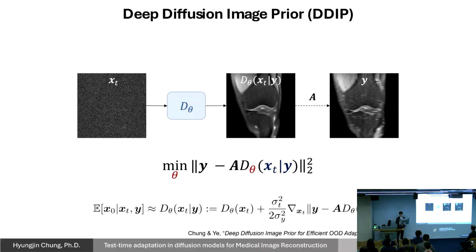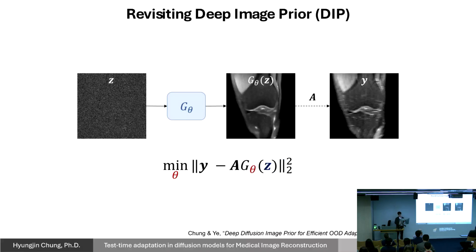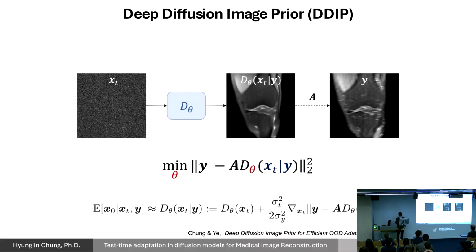Now we attempted to extend this to deep diffusion image prior, where we have a diffusion model pre-trained on out-of-distribution samples, but we adapt it with this loss, where D_theta is different from G_theta in the sense that this is not a feed-forward reconstruction, but some form of estimation of the conditional posterior mean. This can be DPS, DDS, or any of the other approximation methods that I alluded to earlier.